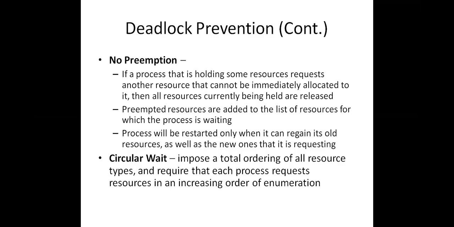Those resources are listed, so if any process requires any of the resources, we can assign the resource to that particular process from the preempted list of resources. Okay, process will be restarted. Third line: process will be restarted only when it regains its old resources as well as the new ones that it is requesting.